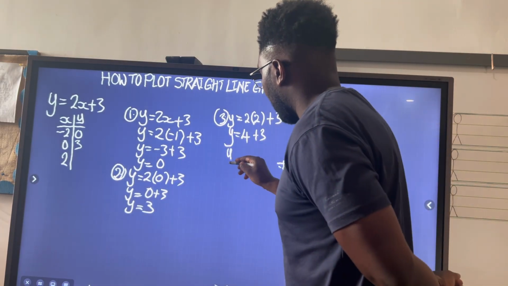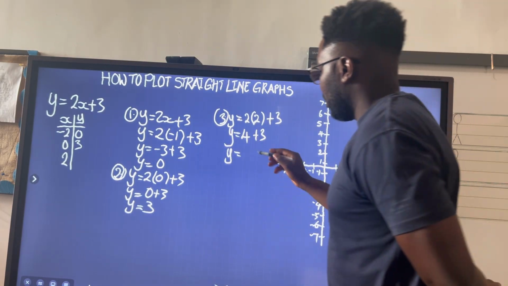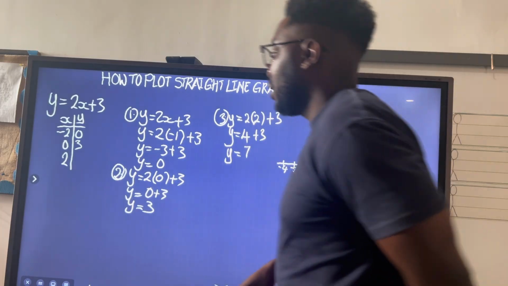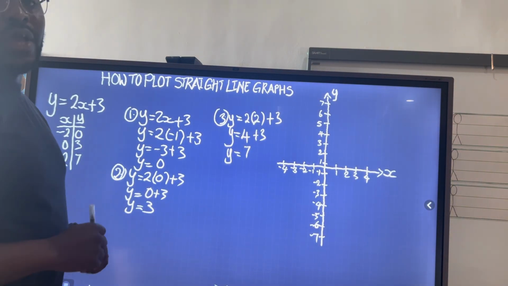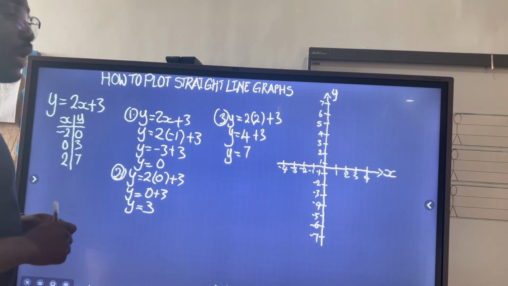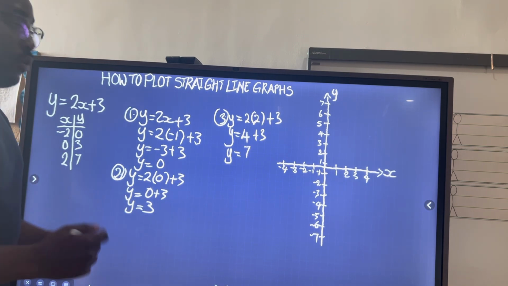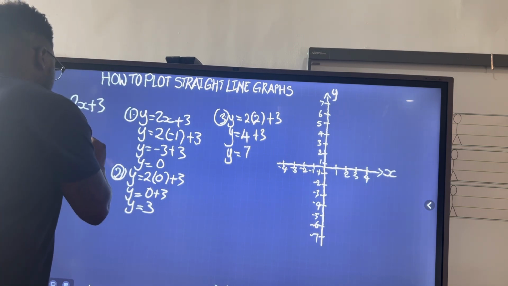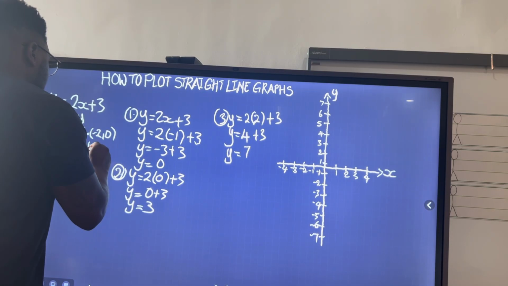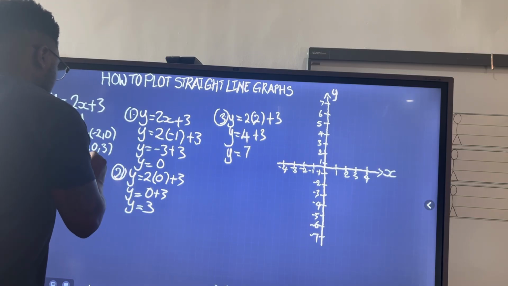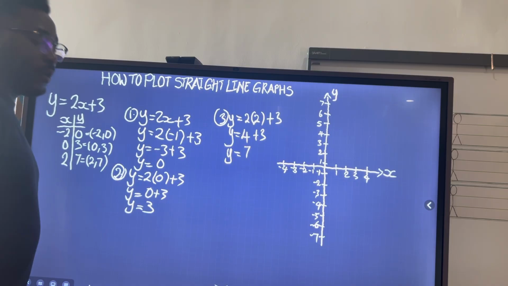And y equal to 4 plus 3 gives me +7. Okay, so there we go. We have our x and y values in coordinate form: -2, 0, then 0, +3, and +2, +7.